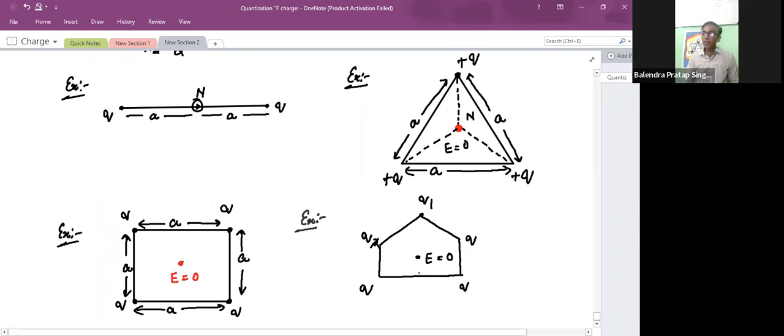If I consider one more charge, then it will be a hexagon: 6 charges for hexagon, 2 for line, 3 for triangle, 4 for square, 5 for pentagon. If I consider n number of charges, then they will form a ring.